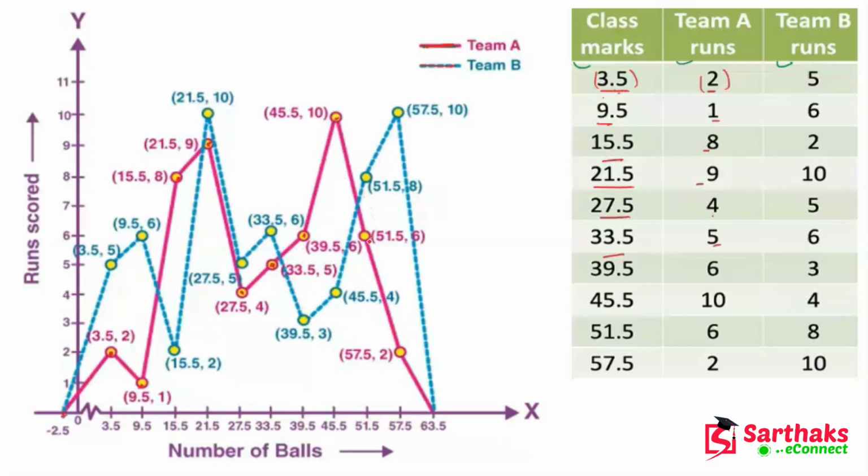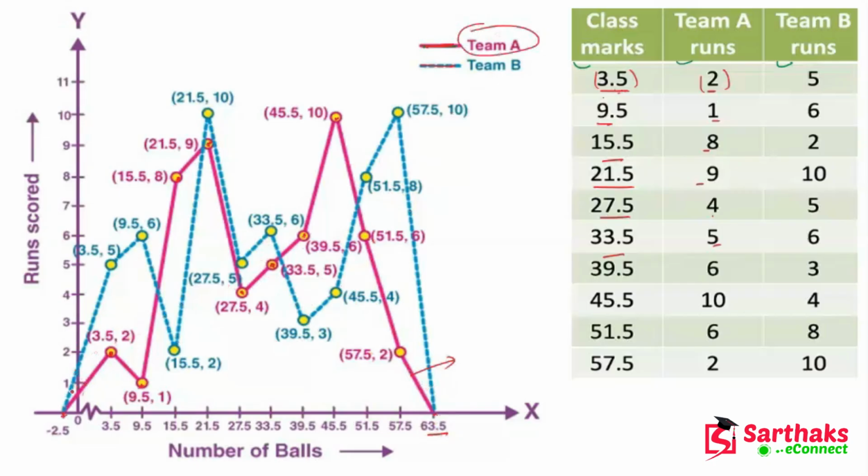The next one is 51.5 comma 6, and the last one is 57.5 comma 2, and the final endpoint is 63.5 comma 0. So this is the frequency polygon of team A.